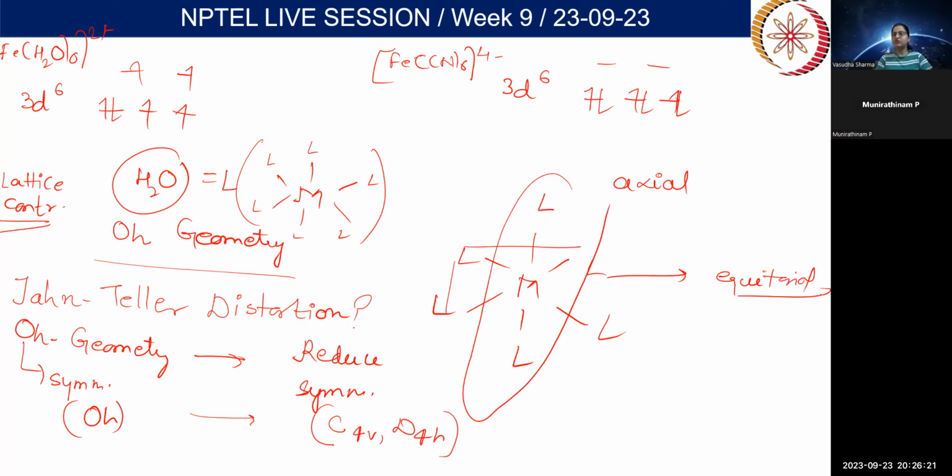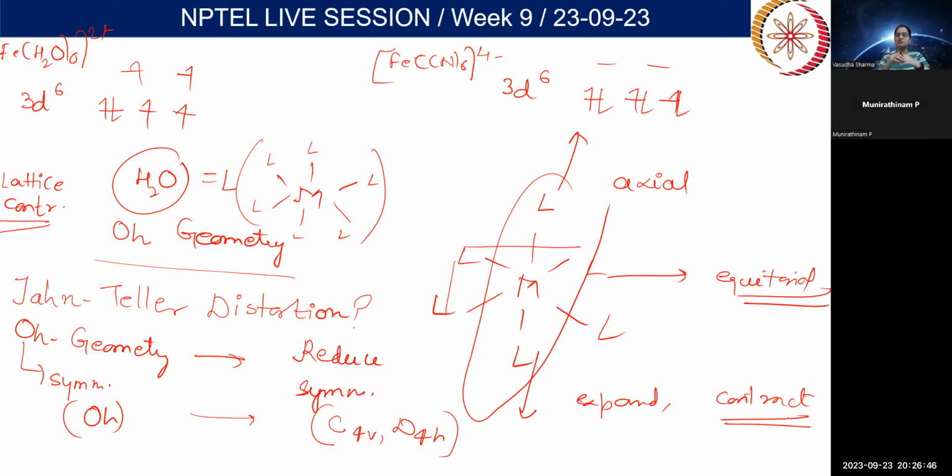So whenever Jahn-Teller distortion is there, what happens? Either these ligands on the axial sides expand or they contract. Because of this, the shape does not remain octahedral anymore. When I'm expanding, both will go out, or if I'm contracting, they will come closer to the metal.